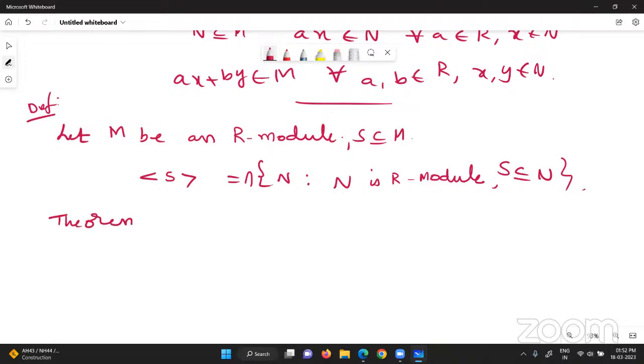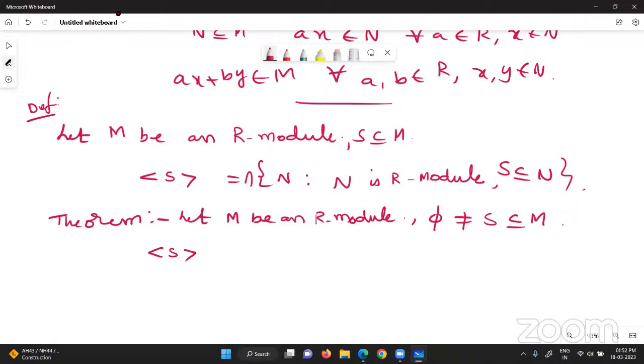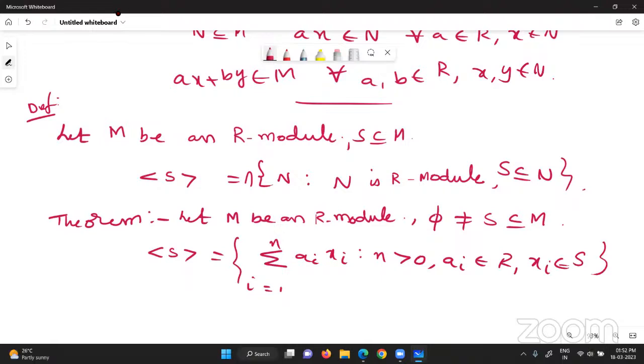Next theorem. Let capital M be an R module and S a non-empty subset of M. Then the smallest submodule generated by S can also be expressed as the sum from i equal to 1 to n of a_i x_i, for n greater than 0, each a_i belongs to R and x_i belongs to S. That is, you can write it as a linear combination of elements of R and S. We have seen this for the smallest subspace generated by S in vector spaces also.